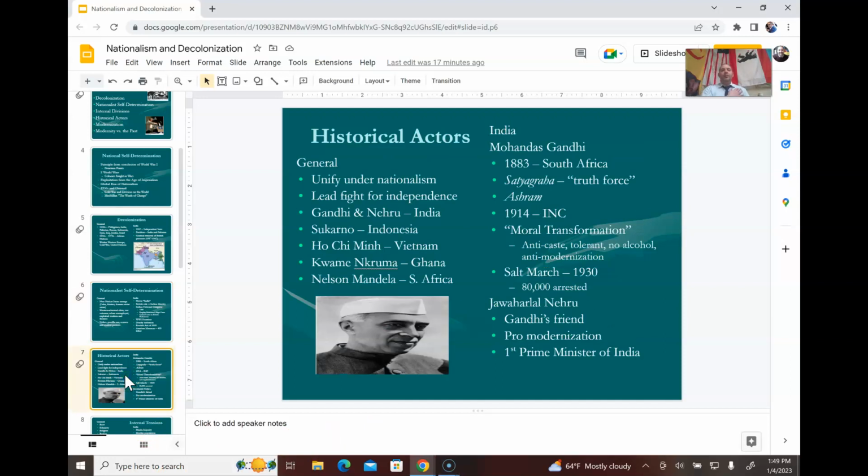And Gandhi thrusts himself into the spotlight as he works with the Satyagraha, this truth force, to get information out about how India is experiencing British control. And he develops these ashrams, which were small communities of people who live together, work together, trying to bring Hindus, Muslims, people of different castes into communication with each other.